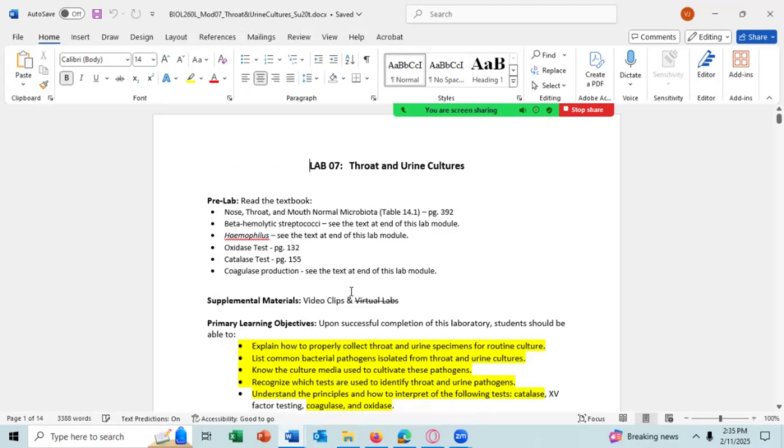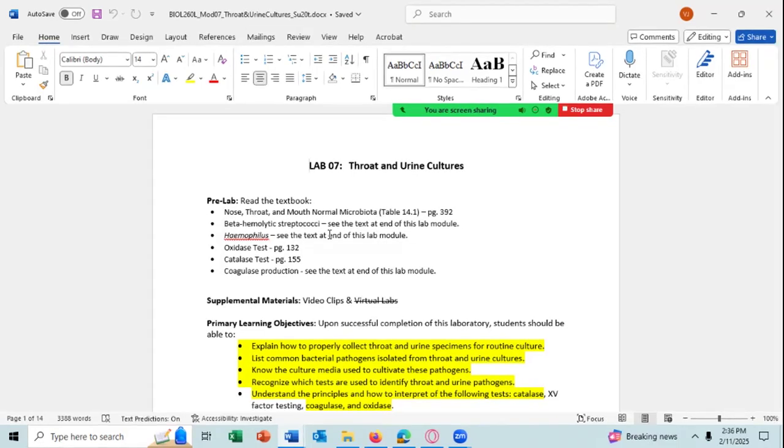All right, Lab 7, throat and urine cultures. There's some reading to do in this lab. So read page 392 about nose, throat, and mouth normal microbiota. There's some reading on the beta hemolytic streptococci, and that's in this lab module in the appendix.